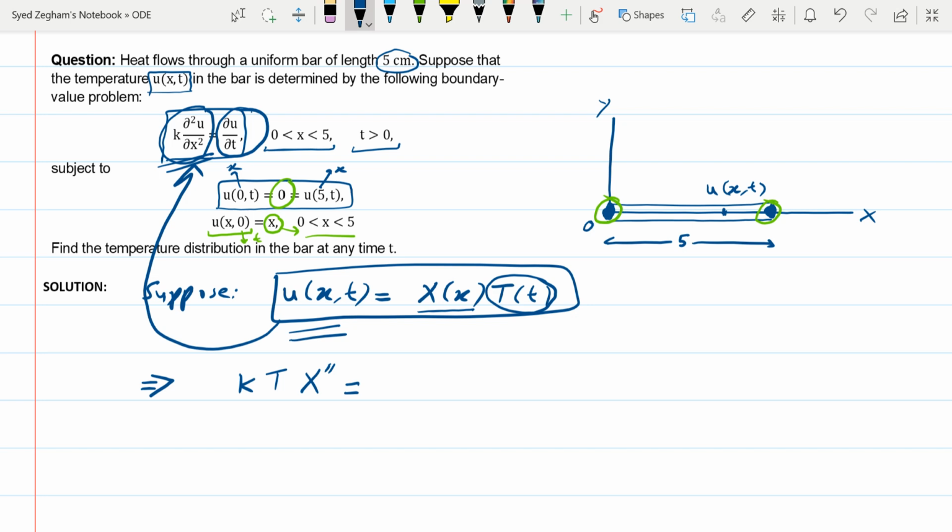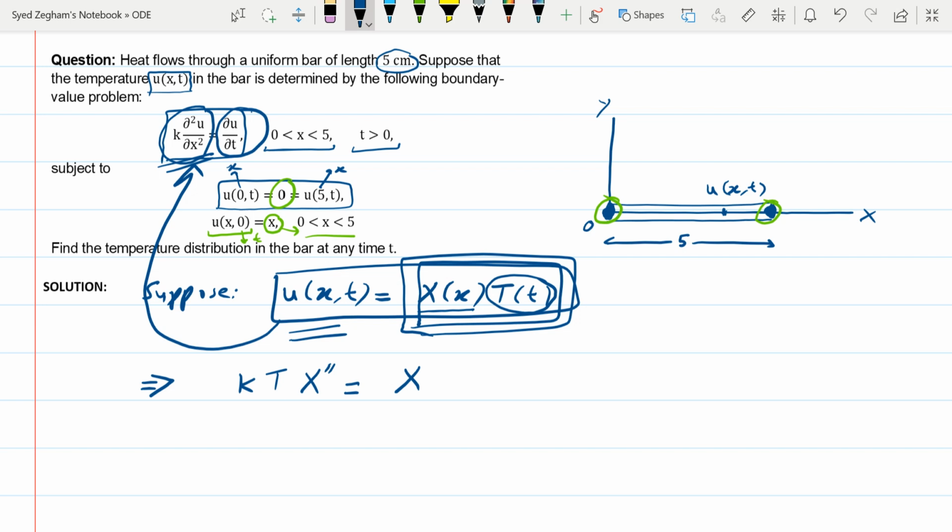It means we have to differentiate partially with respect to t. So if I differentiate this partially with respect to t, what is the meaning? X, because it is a function of small x alone, will not be affected.